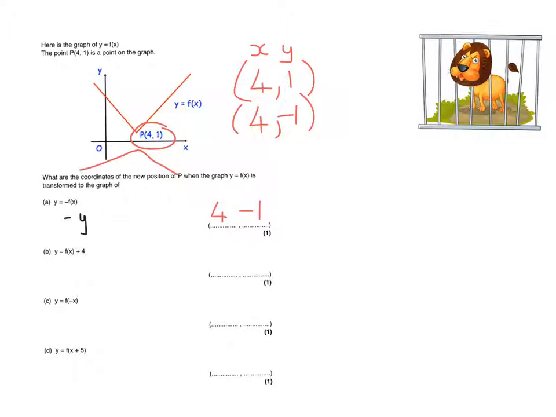For y equals f of x plus 4, I'm going to direct you to try and memorise the lion in the cage. If a lion is in a cage, it can only walk horizontally, and because it's in a cage, it doesn't like you, so it's going to do the opposite of what you tell it to.